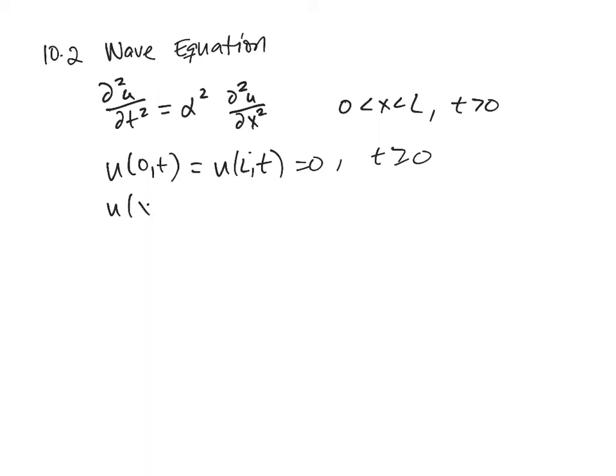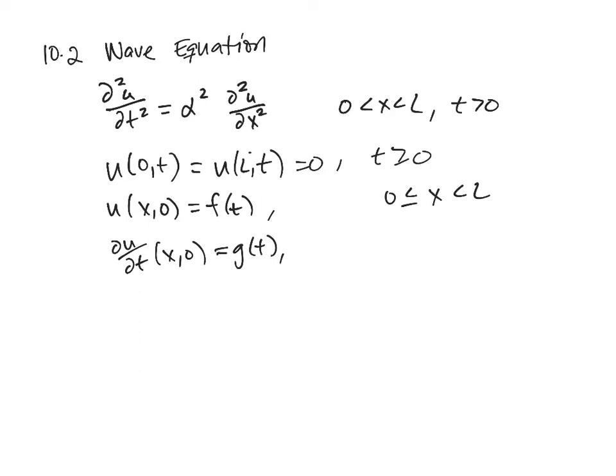So we have u of x, 0 equals some function f of x for x between 0 and L, and now we're going to need a derivative on here, so du/dt at x, 0 equals some other function, g of x, for x between 0 and L.